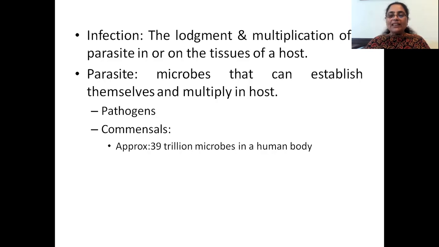While multiplying and replicating, it uses the host machinery, host cells are disturbed, host organs are disturbed, and it can cause disease to the host. While this organism is multiplying, immunity plays a role too. Immune cells rush and fight out this organism.